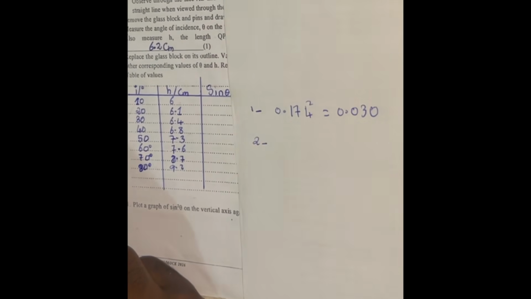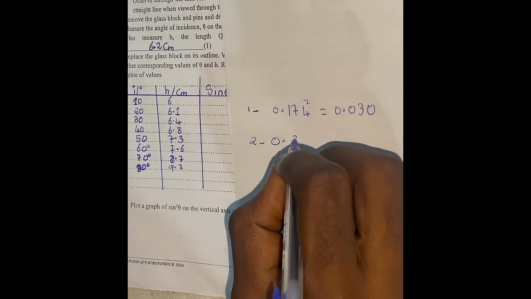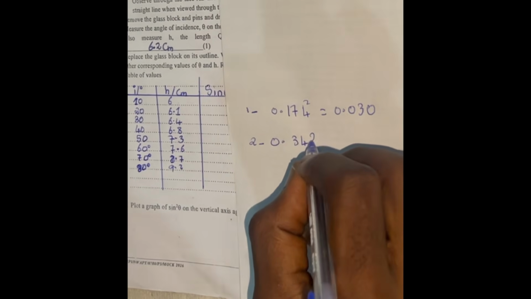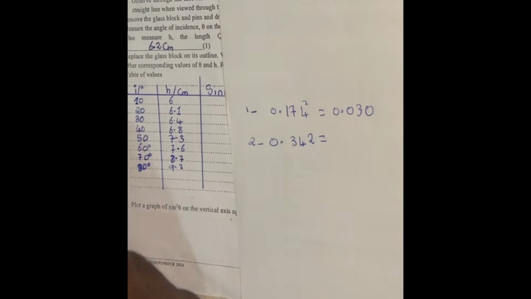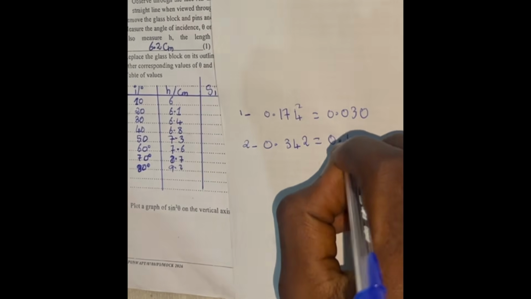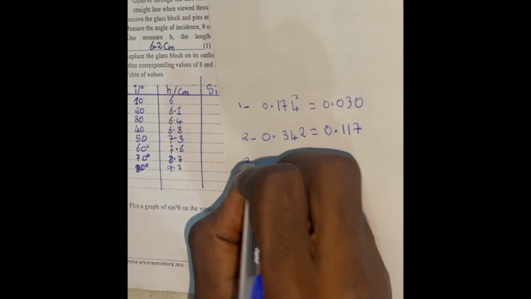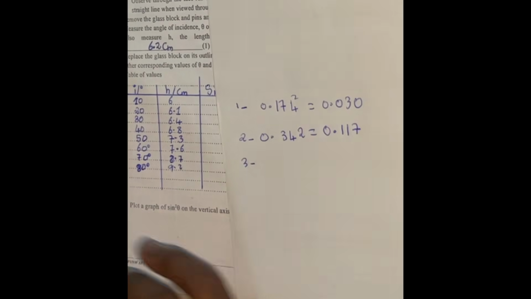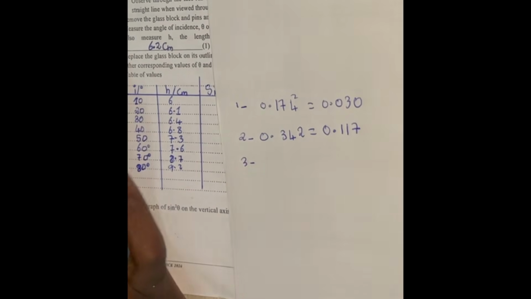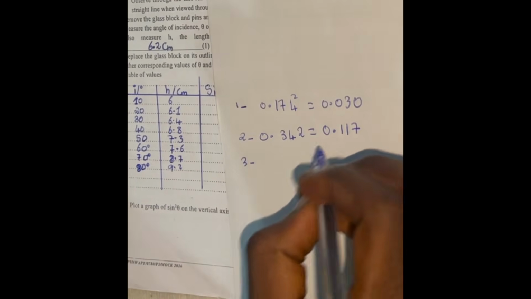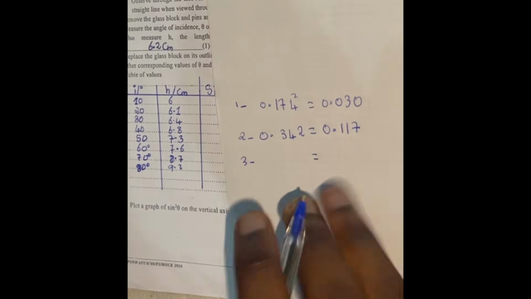I do the same with sine 20. I will have 0.342. When I square it, I will have 0.117. I will do the same with the others. Now look up.